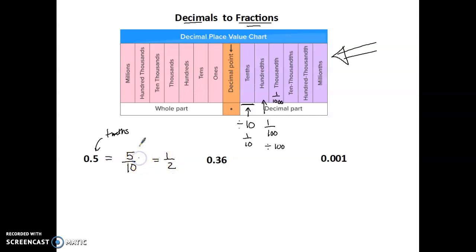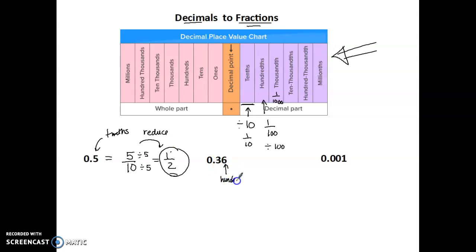You've reduced your fraction. And that's how we found that 0.5 was equal to 1/2. There's a common factor there in the numerator and the denominator, and you've divided the top and the bottom by 5 to get 1/2.